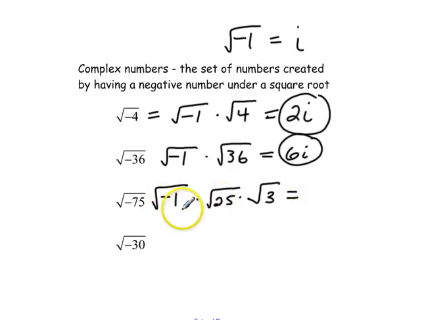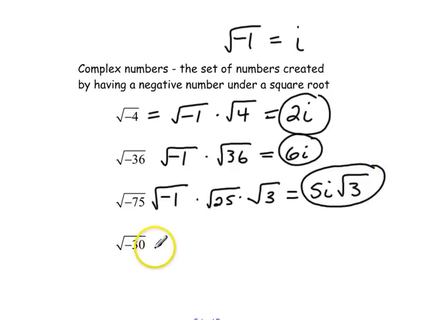So the square root of -1 is i, the square root of 25 is 5, and we can't take the square root of 3, so we write 5 times i times the square root of 3. Remember that your radical needs to come last. We don't want to put the i after it, or it might look like it's underneath.